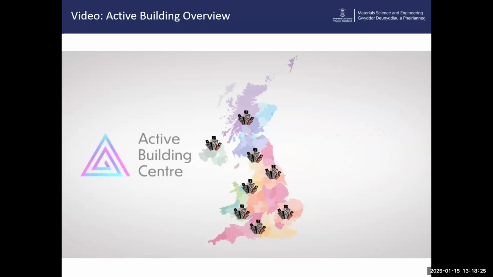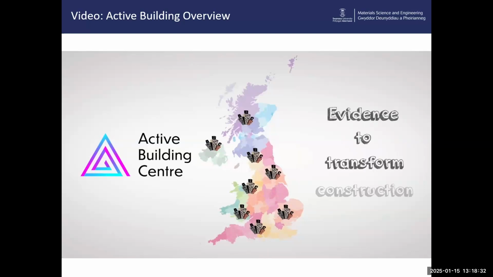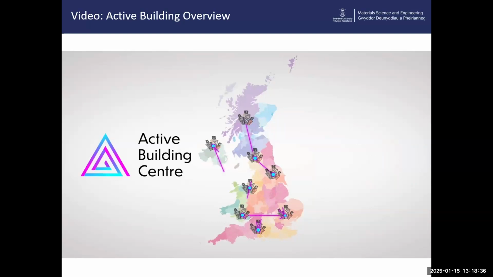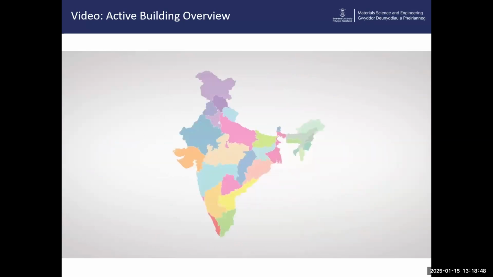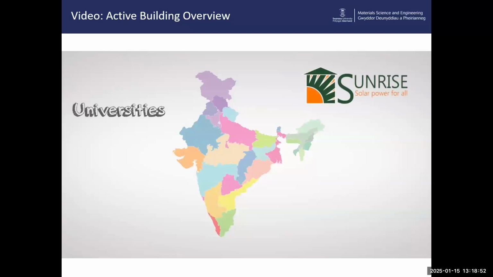The Active Building Centre will provide the evidence that regulators, policymakers and the construction industry need to transform construction in the UK. The new centre will support active building developments, analysing data from the people who live and work in them and their energy performance when connected with each other, with electric vehicles and the grid. This is a great opportunity for the UK. So imagine you're in a place where there is plenty of sunshine and no grid connection. SUNRISE unites universities and industry from the UK and India.